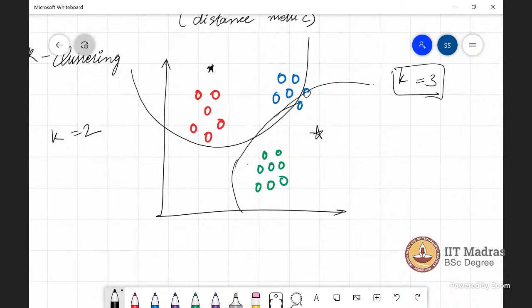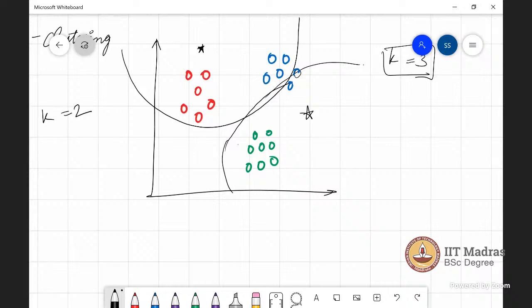Then we recompute our clusters. Okay, so we take the average of these points.